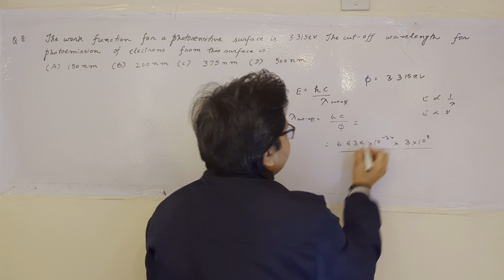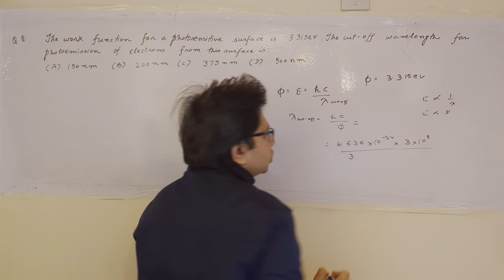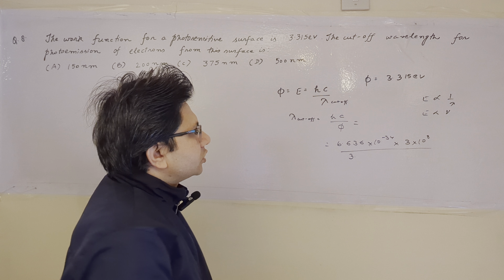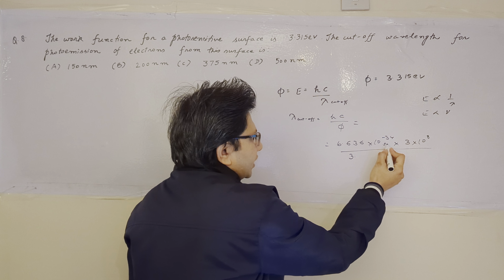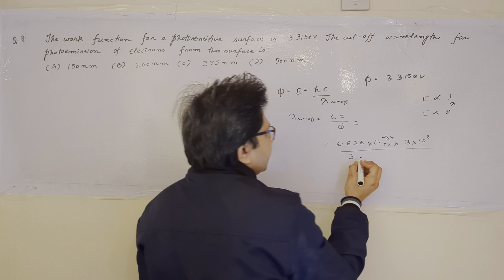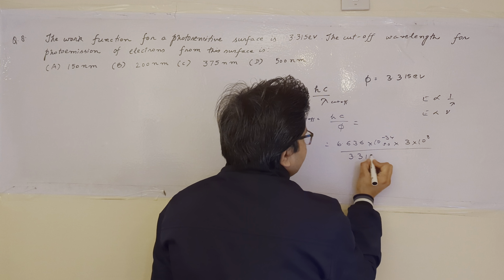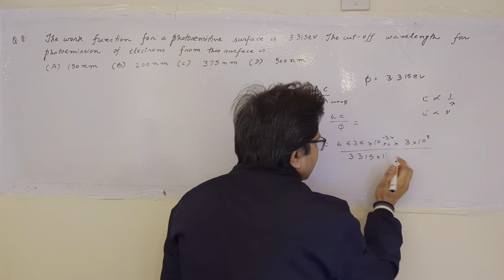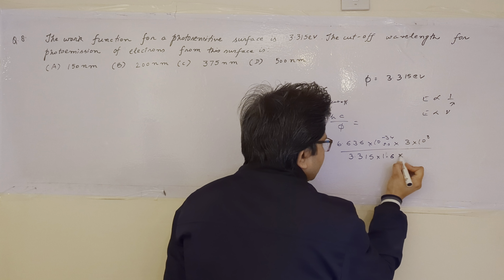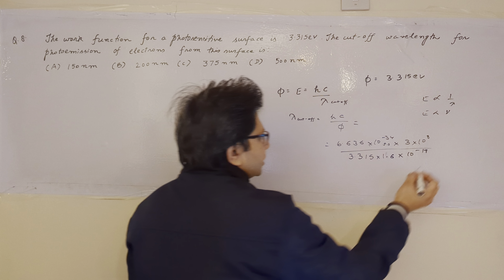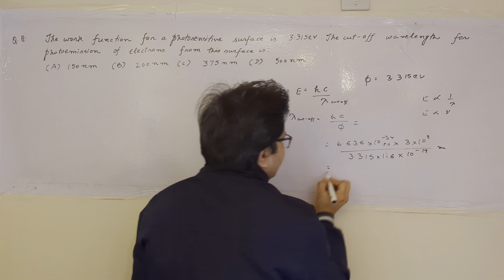Phi is given in electron volts, so we have to convert it into joules, because h is in joule second in the SI unit. So phi must also be in SI unit: 3.315 into 1.6 into 10 raised to the power minus 19. So this is in meters.